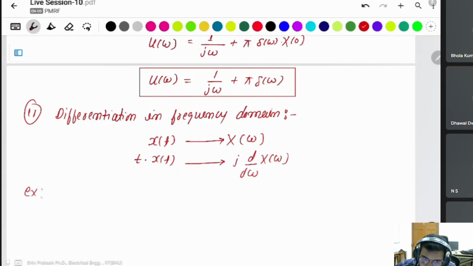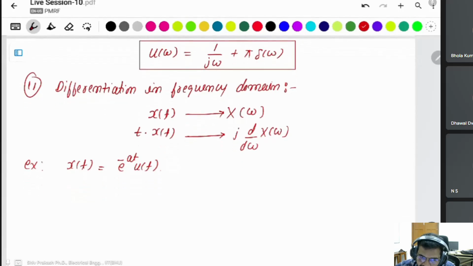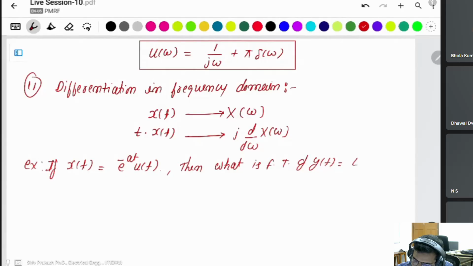For example, x(t) is equal to e to the power of minus a t u(t). Then if x(t) is equal to this one, what is the Fourier transform of y(t), which will be t x(t)?